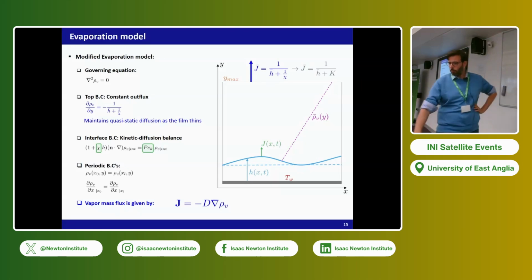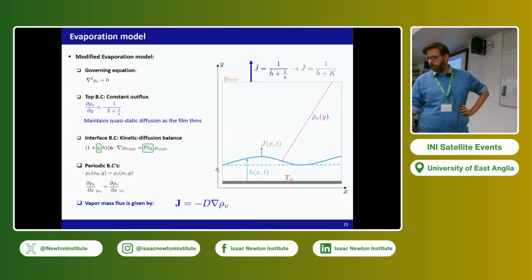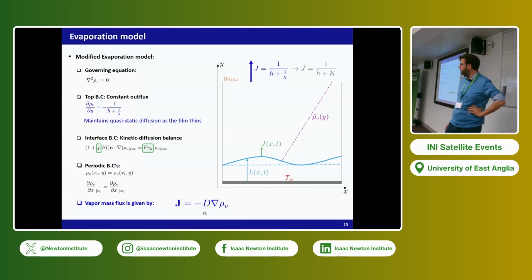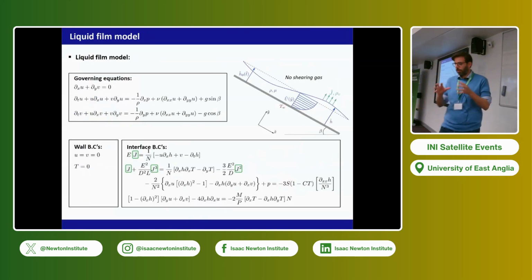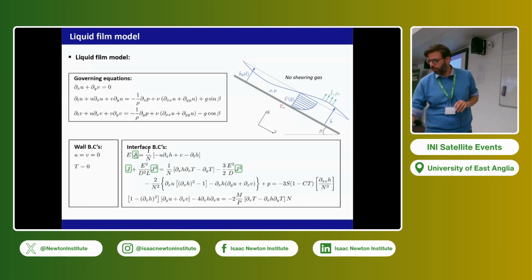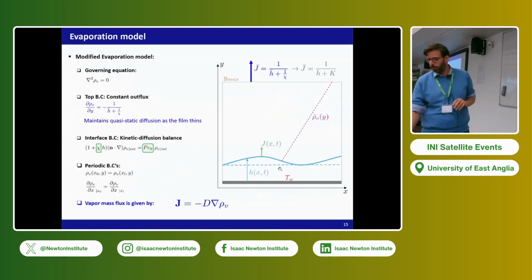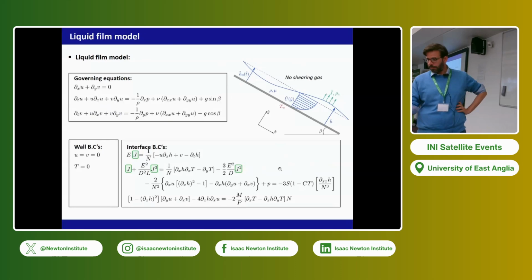We can solve for rho v, and J, the evaporative flux, is connected to rho v through Fick's law. So this is a graphical picture of what we have, and we should couple this with our governing equation that we studied earlier, but this time J is given by this law that we found here for the gas. Okay, nice.